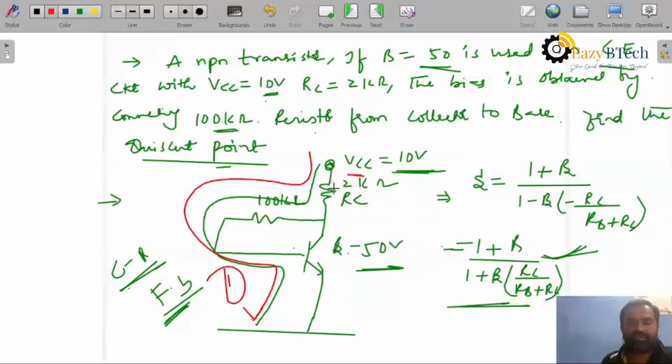VCC is equal to the current I into RC, and here the current divides. This side current is IB, this side current is IC, and this side current is I. Okay.